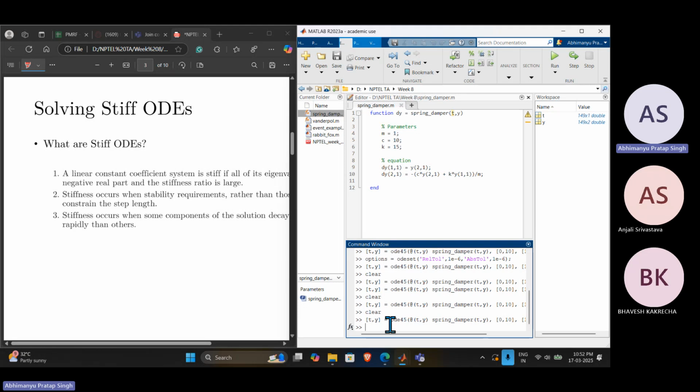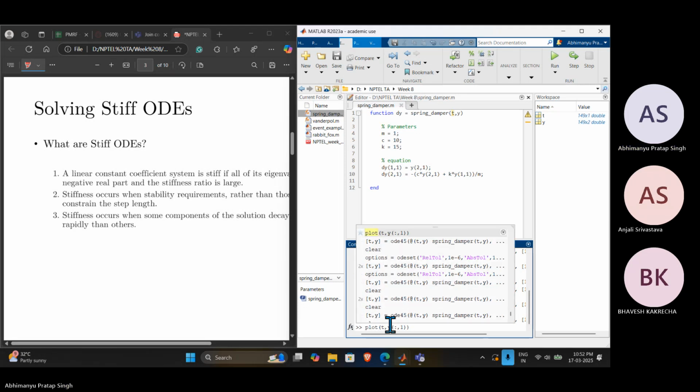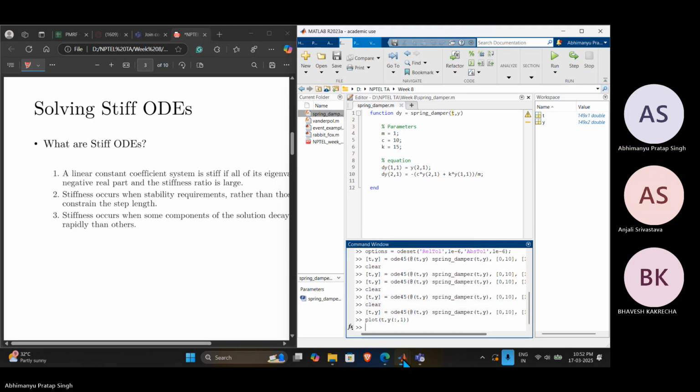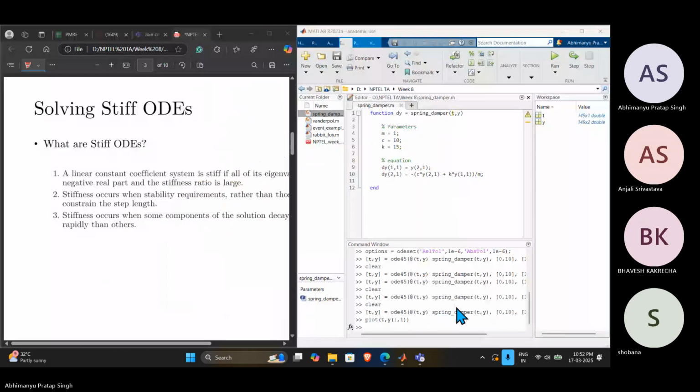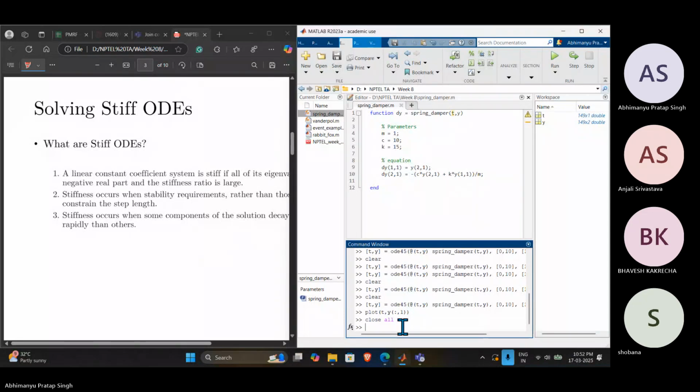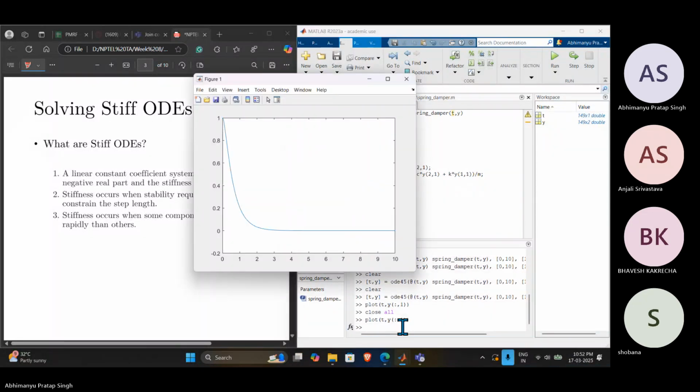But yeah, we can see that the solution decays very rapidly.